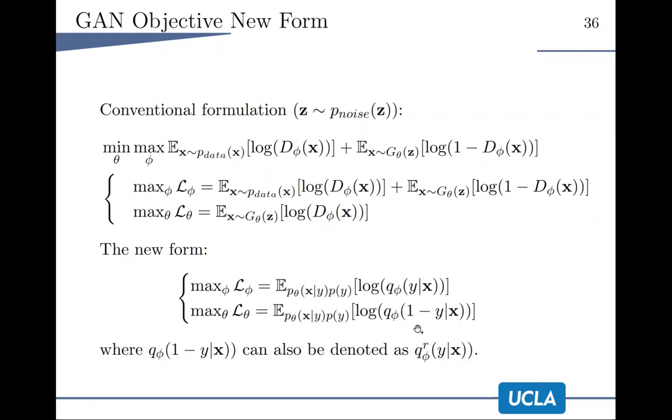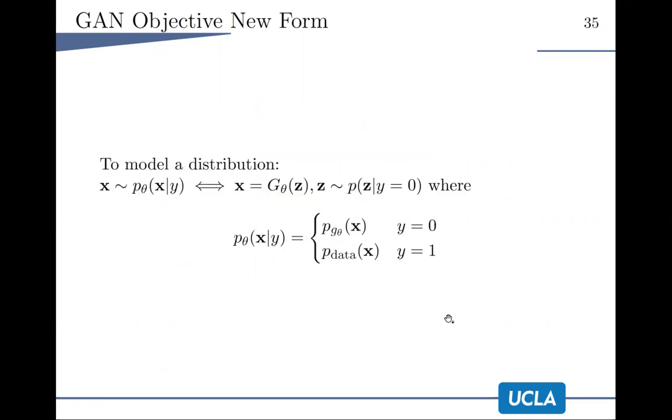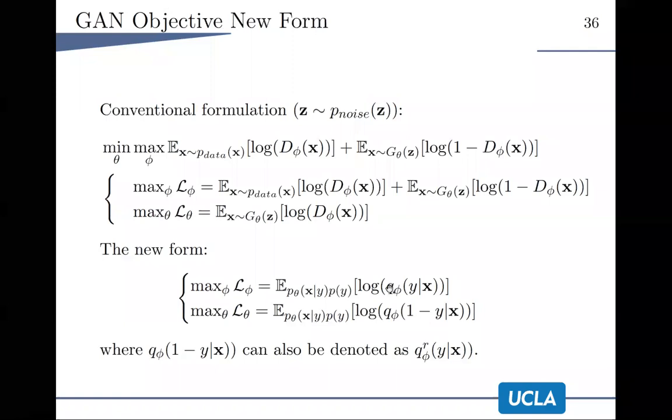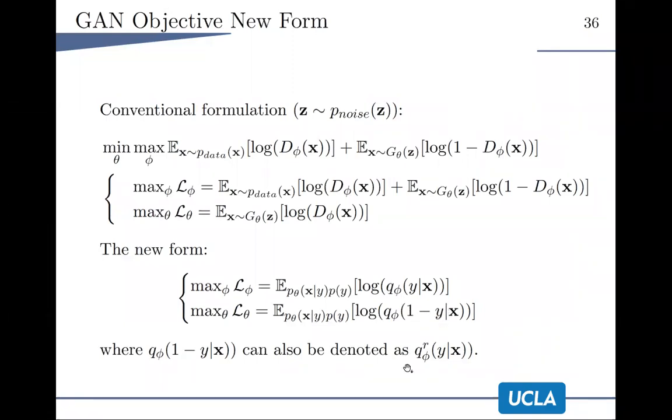Here, because this is the first time, I just write it as 1 minus y. Recall that y is either 0 or 1, so when y is 0, we expect it to be 1, and when y is 1, we expect it to be 0. That's why it's called reversed, and that's why I put a reversed q_phi here.